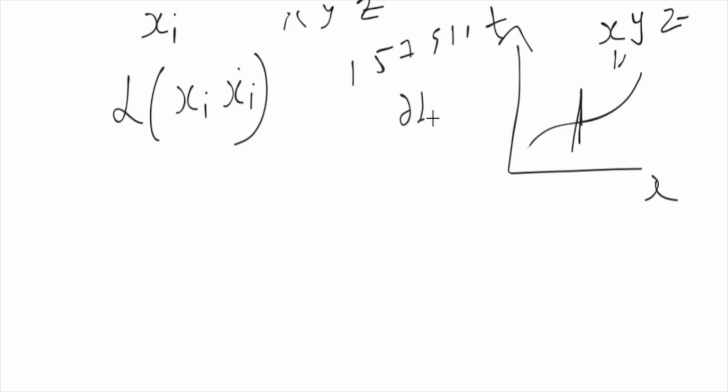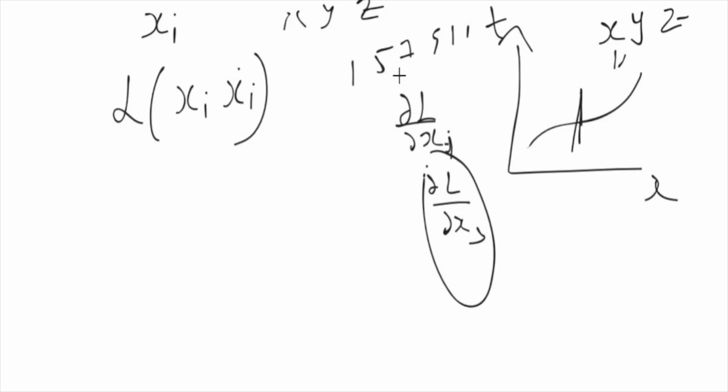Like what we did earlier, del L upon del x_j, where j is time. But now for x1, then x2, then x3, you will differentiate the Lagrangian with respect to each: del L upon del x1, x2, x3, y1, z2, z5, and then equate it to 0.